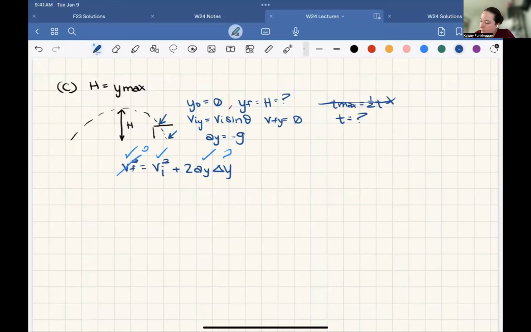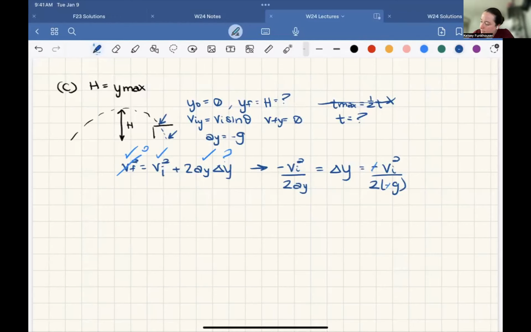So we can rearrange the equation and we get negative v initial squared divided by 2a_y equals the displacement. And I will plug in g here, not the actual number, just negative g, so that those negative signs cancel.